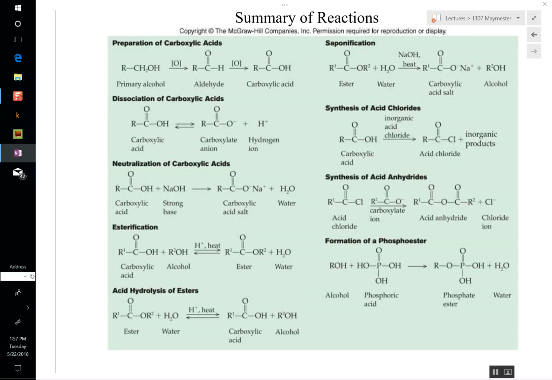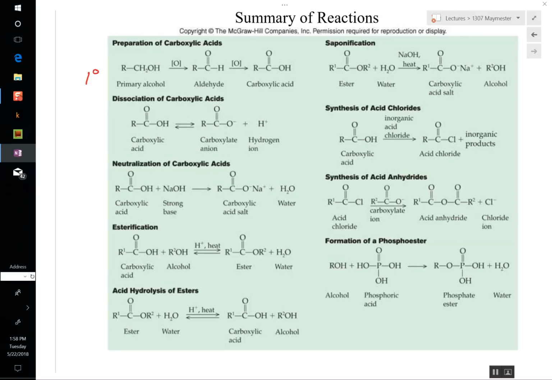So a primary alcohol will oxidize to an aldehyde to a carboxylic acid. Dissociation, we did this on the sheet today. Neutralization, we did this on the sheet today. Carboxylic acid plus a base forms a salt and water.